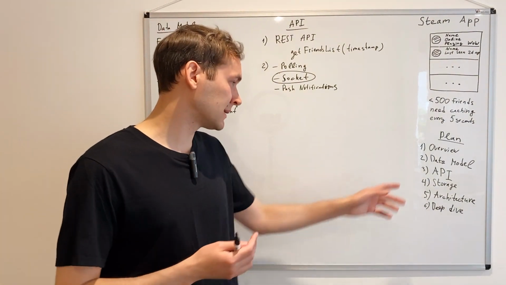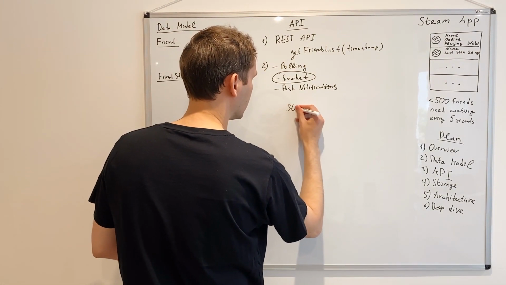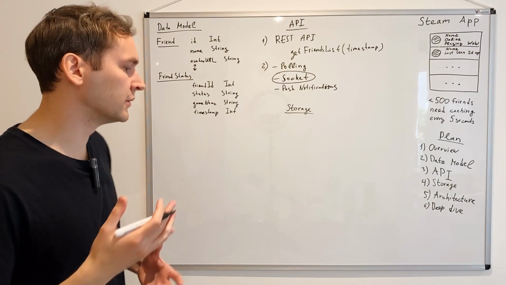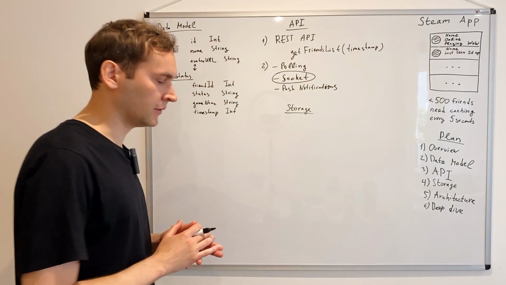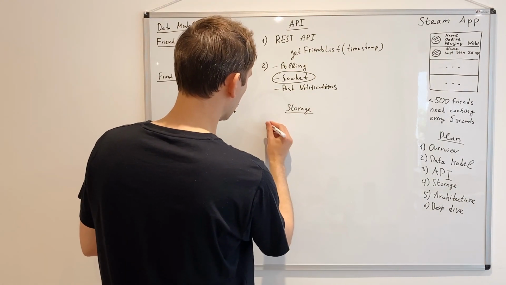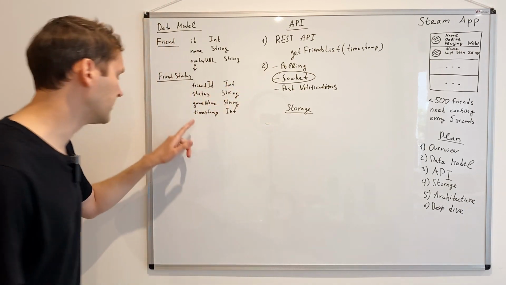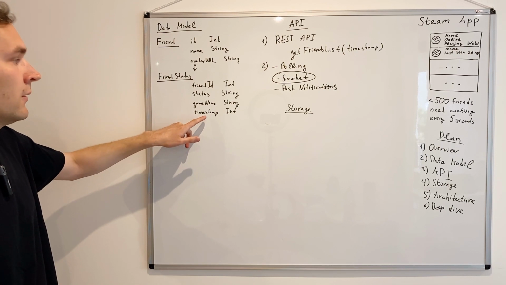Let's talk about the next part, which is storage. I will write here storage. And as usual, it's really important to show the breadth of your knowledge and to name a few possible solutions. So what could we use here for storing the friends list? Obviously we don't need to store friend statuses because this data is volatile.